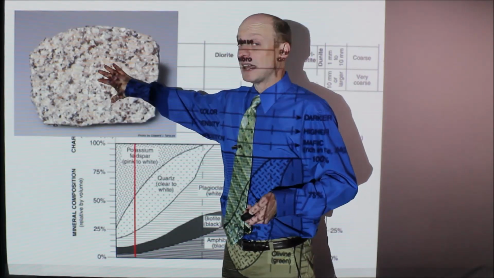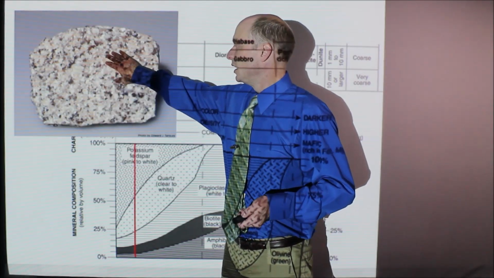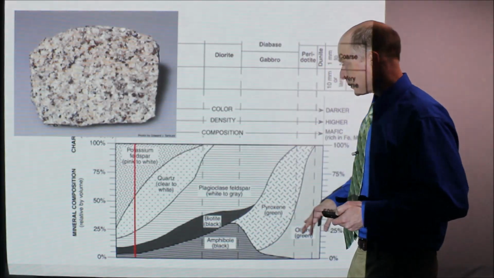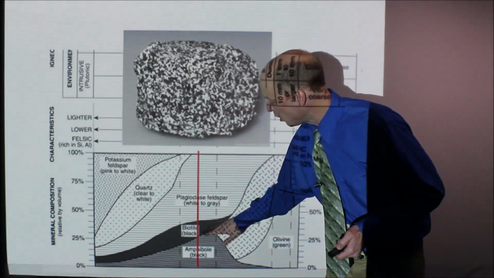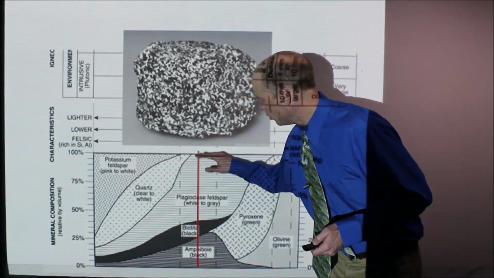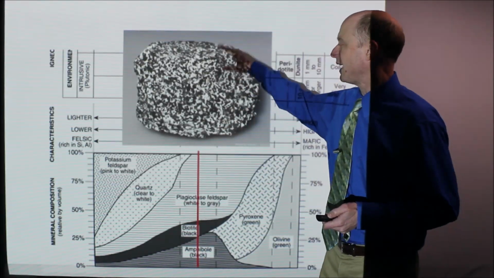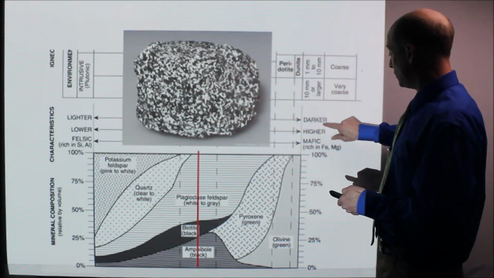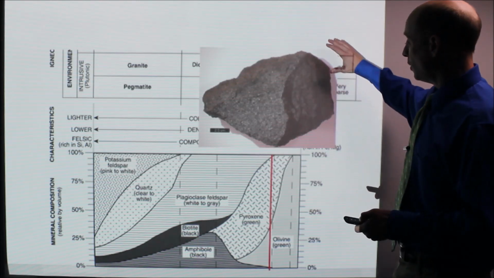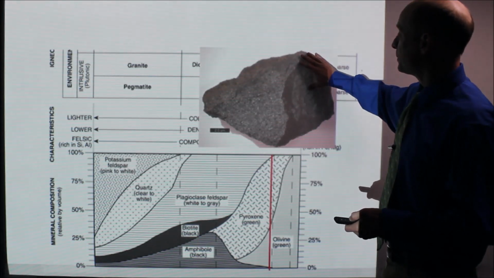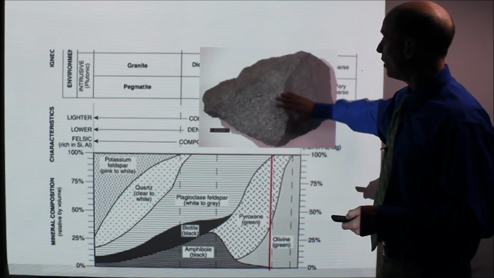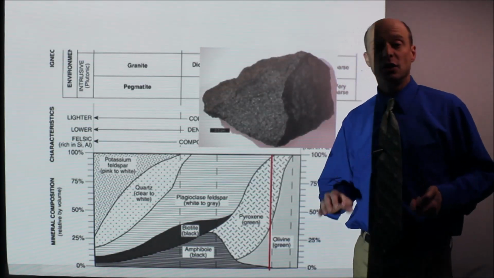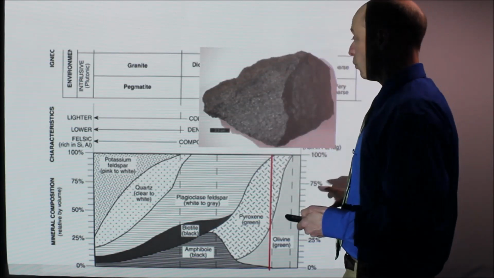So this is basically a light color rock with a lot of that pinkish potassium feldspar in it. As you move towards the center, this rock has much more black, more of this whitish gray, so it's almost a half and half black and white look. And as you go this way, they're getting darker in color. This would be something like gabbro or basalt that's going to be darker with these really dark green minerals. So that's one way that this chart works, which is kind of cool.